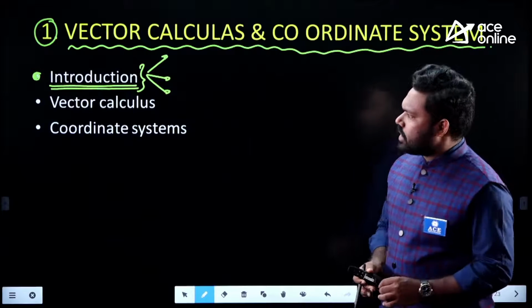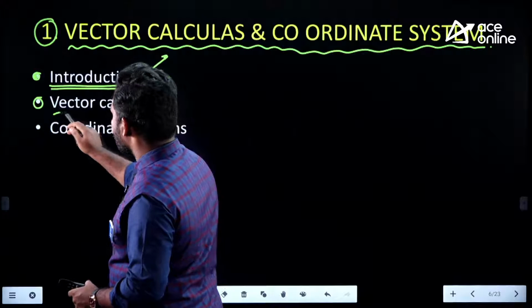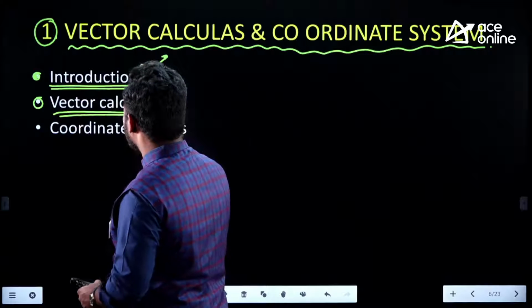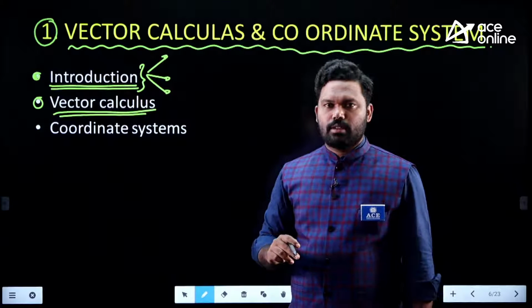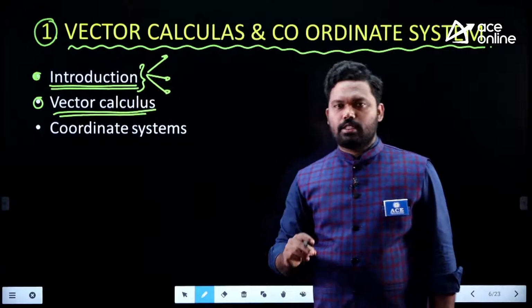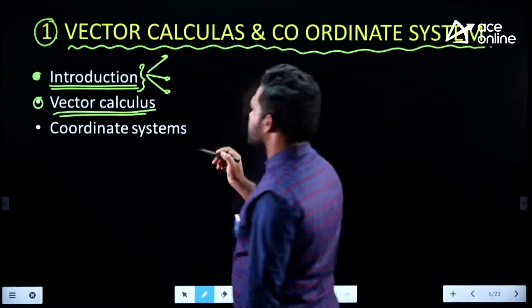Okay, fine. You can concentrate next on vector calculus. As I said earlier, you can take the help of mathematics. You can go back to your mathematics preparation book and focus on vector calculus. What are the different operators one should remember?